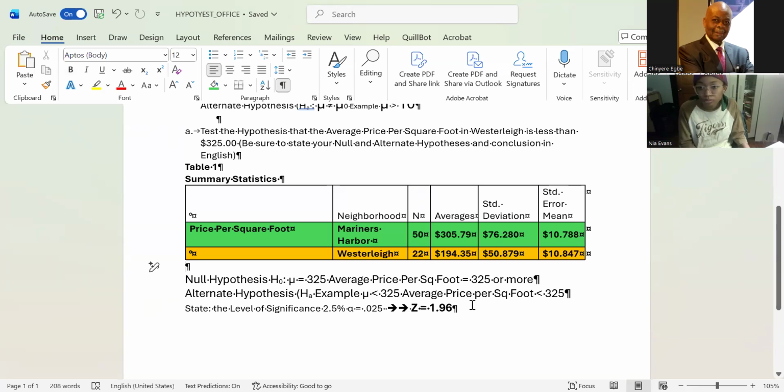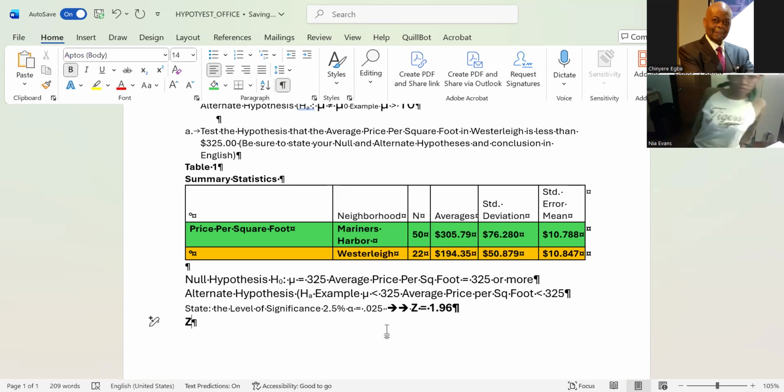What we do now is we standardize the value and we calculate Z, and the calculation of Z simply tells us how far away our sample mean is from the hypothesized true mean. If we are too far from the hypothesized mean, then we reject the null hypothesis.